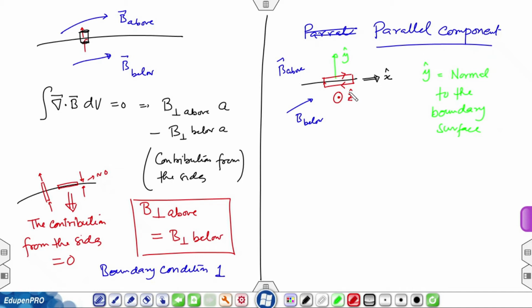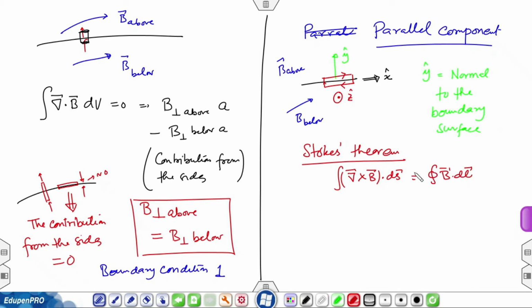Now, by Stokes' theorem, I have the integral of curl of B dot ds equal to the integral of B dot dl, and I am going to apply it to this loop. Curl B is nothing but mu naught j r.